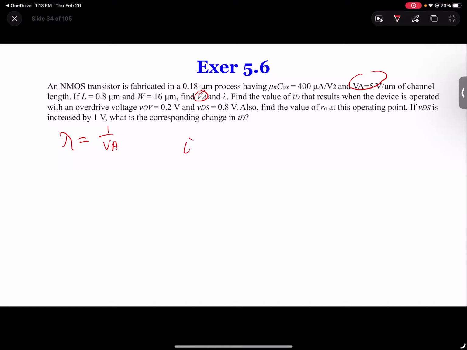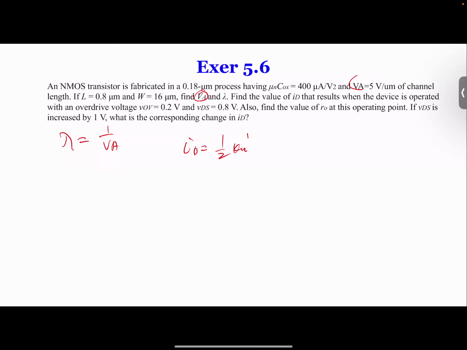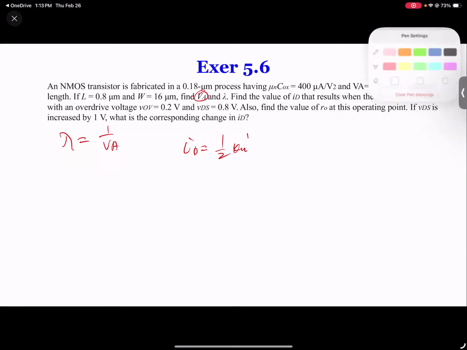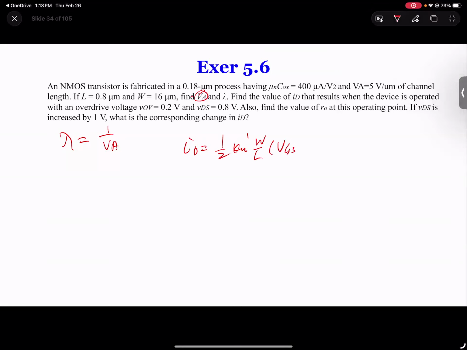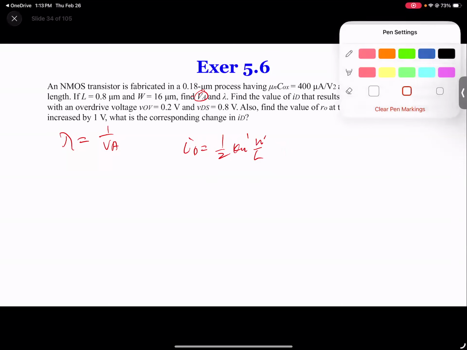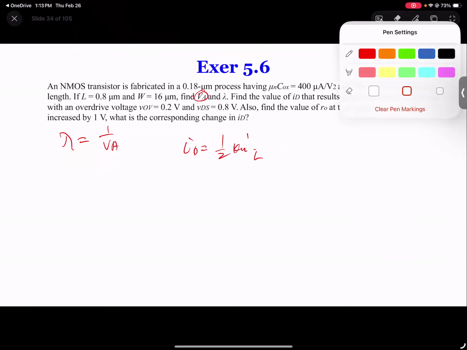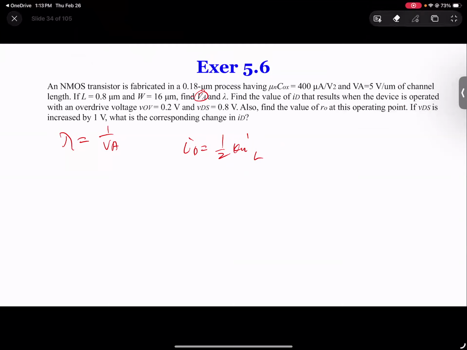So basically now you're going to plug into that equation, 1/2 K prime, and in this case we'll simply use this equation here, W over L times VOV squared.